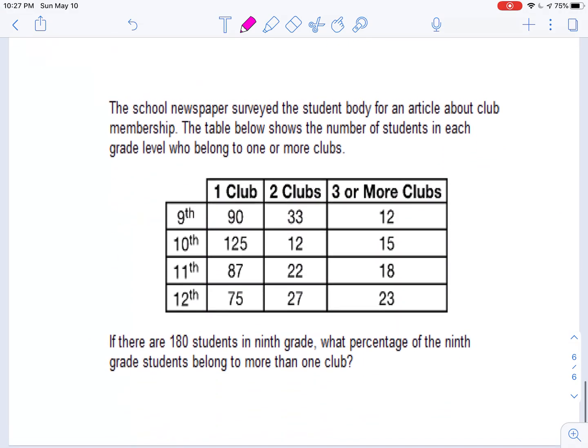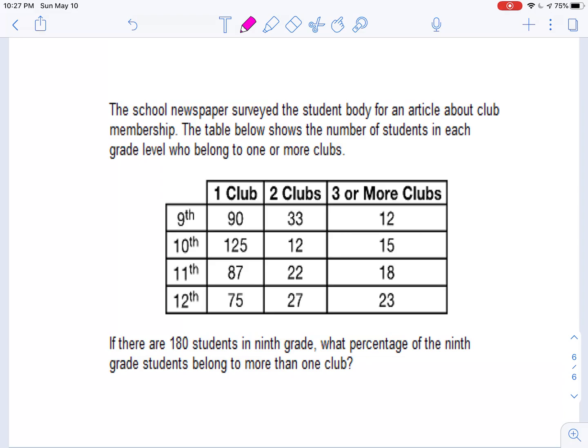Okay, so again, something we can do is go by individual categories and find smaller percentages for smaller groups within the larger group. So let's try one more. The school newspaper surveyed the student body for an article about club membership. The table below shows the number of students in each grade level who belong to one or more clubs.